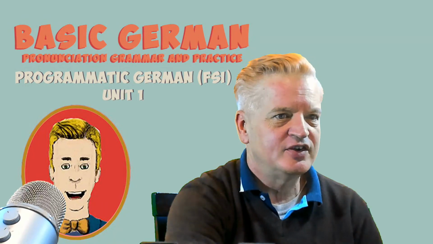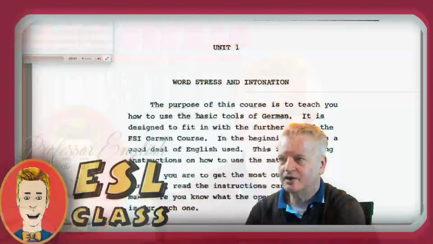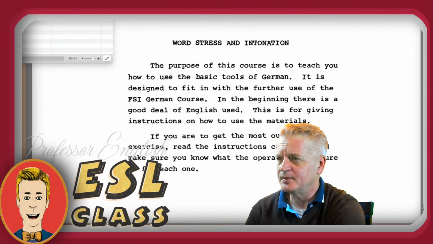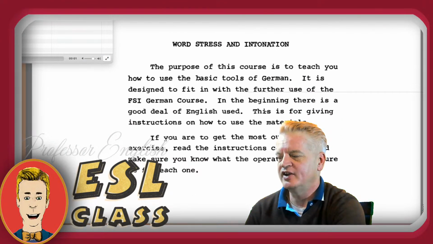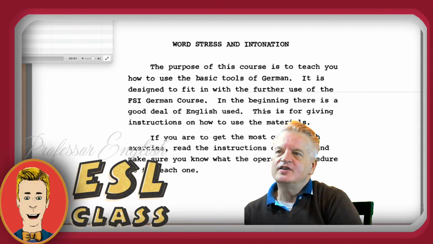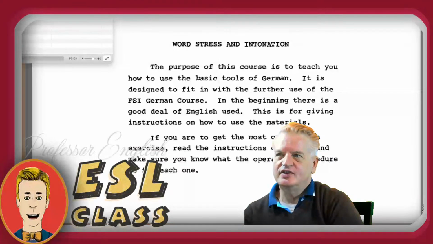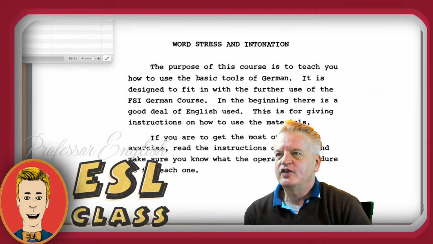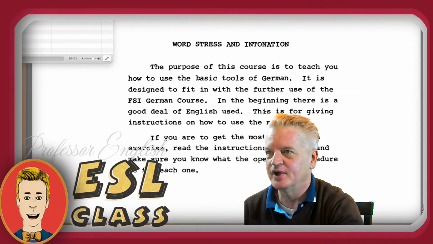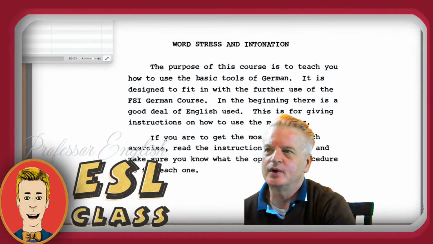Now, before we start, there's some information to read about word stress and intonation. It says the purpose of this course is to teach you how to use the basic tools of German. It is designed to fit in with the further use of the FSI German course. That's the one that we'll be doing after we finish this one.